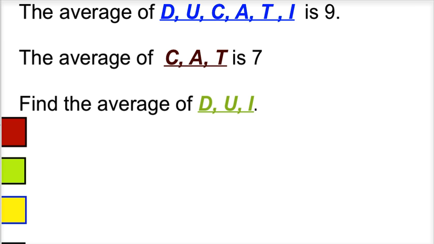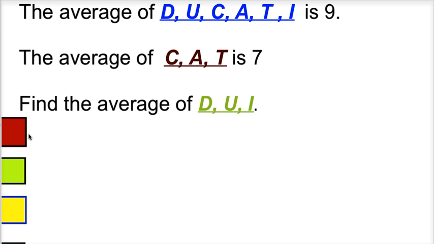Alright, so the average of DUCATI is 9, where each one of these variables represents a number. The average of CAT is 7, where each one of these variables, CAT, represents a number. Find the average of DUI. Okay. So if we have DUCATI is equal to 9, 1, 2, 3, 4, 5, 6 letters here.